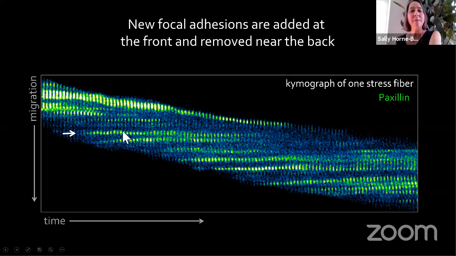It stays in place, kind of locked in position as the cell migrates forward over it, and then it begins to disassemble as the trailing edge of the cell approaches. And we can see the same thing happening again and again and again as new adhesions are added to the front of this same existing stress fiber over time.